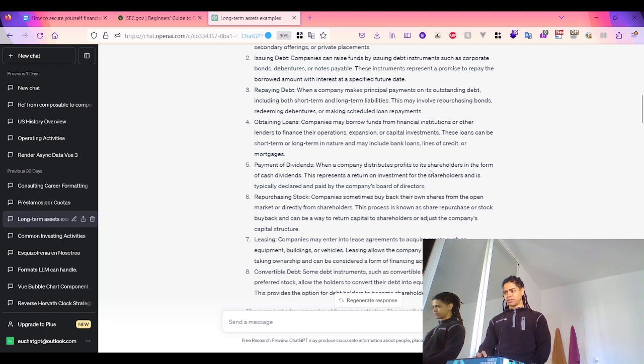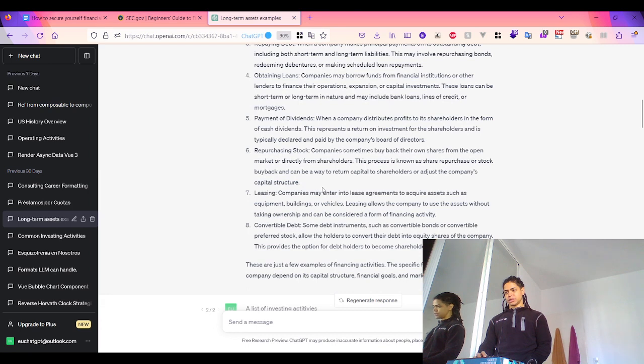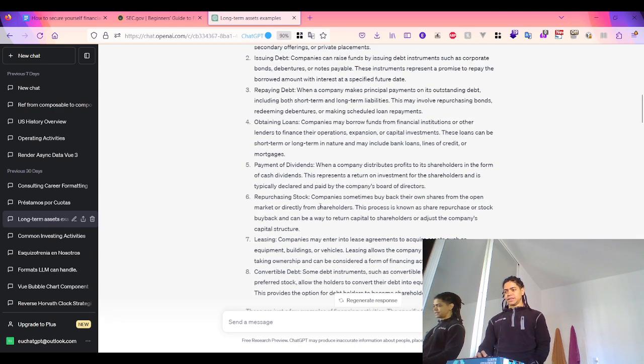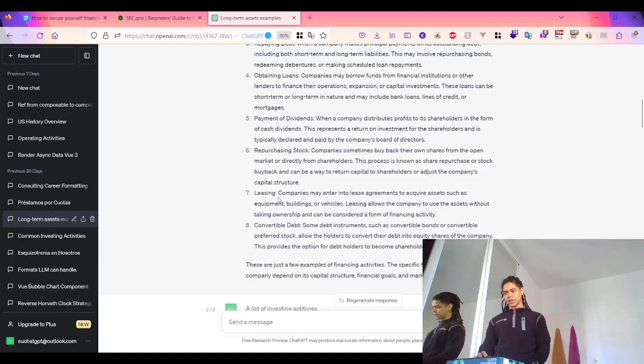When a company distributes profits to the shareholders in the form of cash dividends, this represents a return on the investment for the shareholders, and it is typically declared and paid by the company's board of directors. Repurchasing stocks means companies sometimes buy back their own shares from the open market or directly from shareholders.